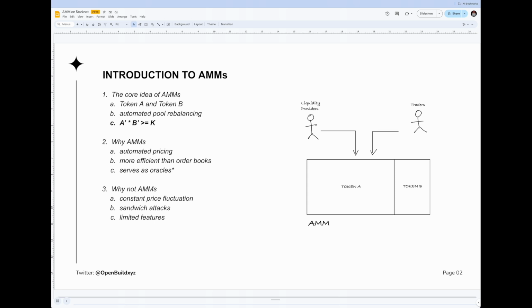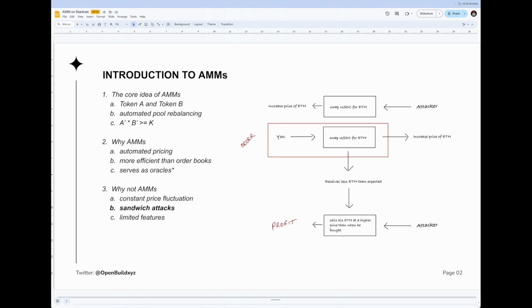The second thing that I want to mention is sandwich attacks. I'm going to explain through one image that I wrote. With sandwich attacks, basically you as a user place an order, and an attacker is going to place one order before you and one order after your order, such that they profit. In this example, we have a USDC/ETH pool.